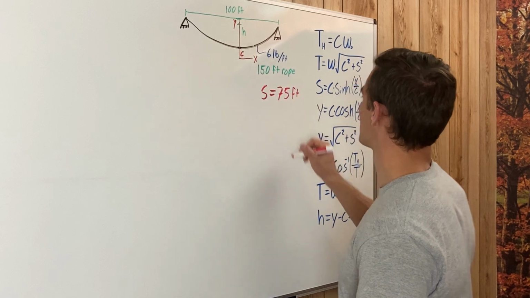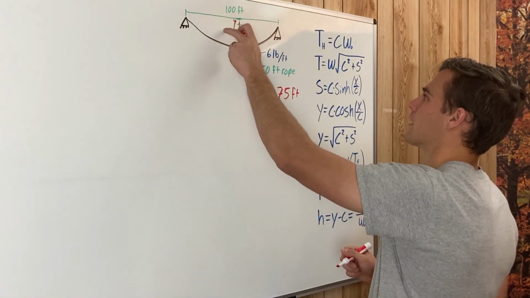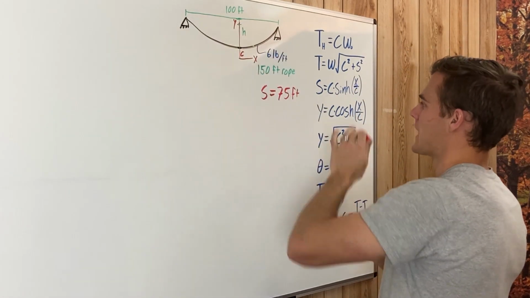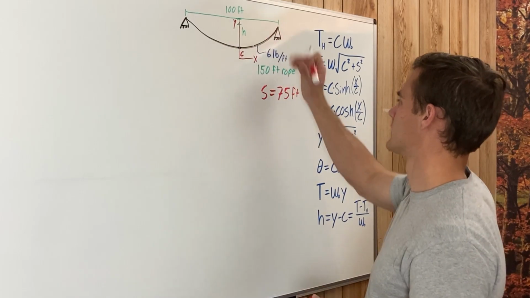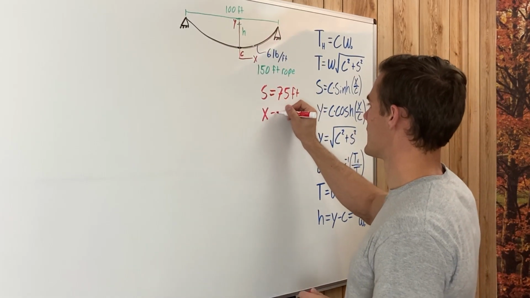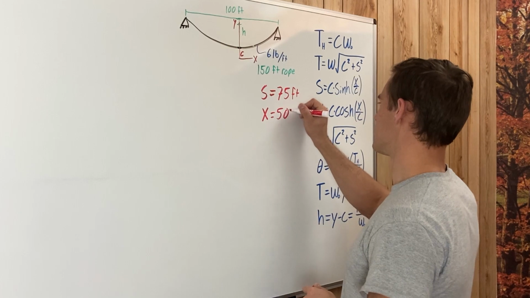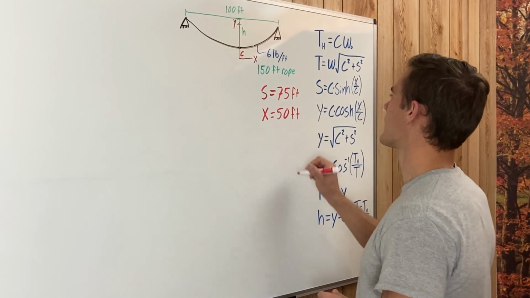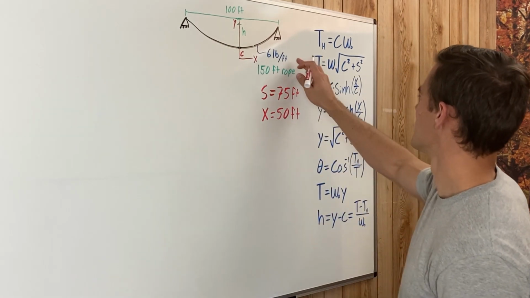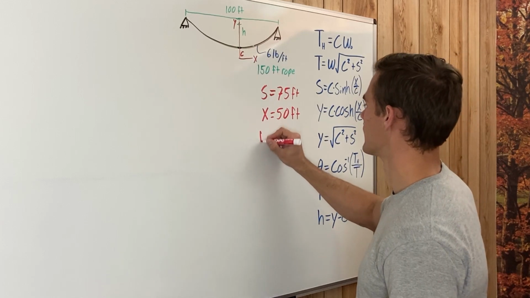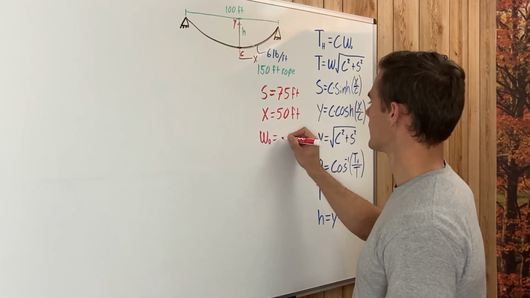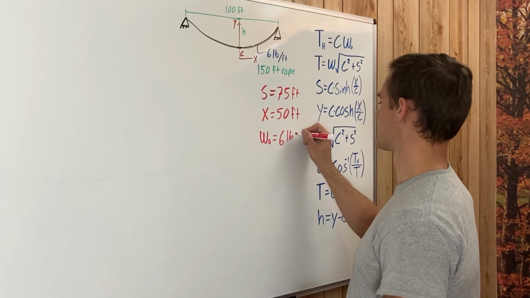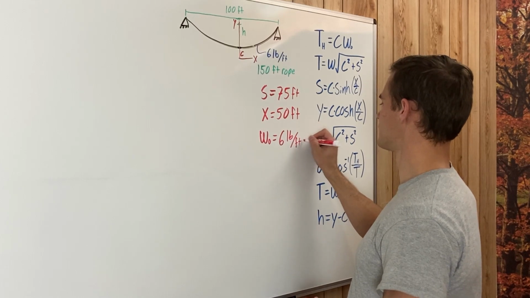And then we have our 100 feet between the supports. Once again, it's going to be half of that because it goes from the axis to the support. So we have X equals 50 feet. And then W naught equals 6 pounds per foot.